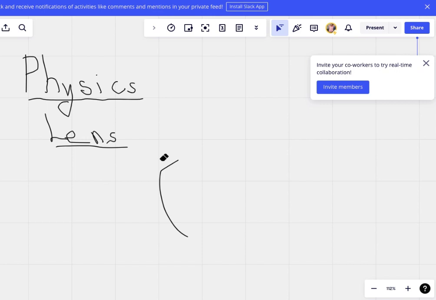Okay, if I draw something like this, this is a converging lens, and it has a line at the center, like this.